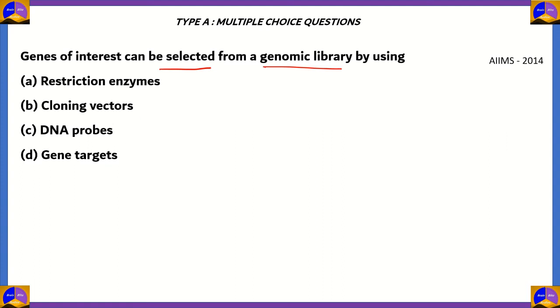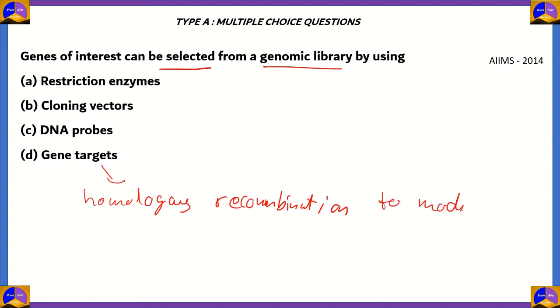If you look at the following options, you can see that option D, gene targets, is used to refer to homologous recombination done by biotechnologists to modify a particular gene. So gene target is basically the area where homologous recombination takes place. So option D is incorrect.